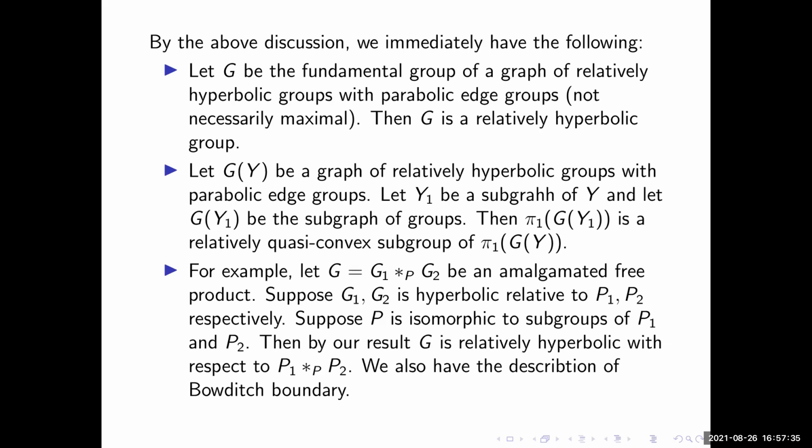Both are relatively hyperbolic with respect to P1 and P2. We are assuming there is only one subgroup each, P1 and P2. And suppose P is isomorphic to a subgroup of P1 and P2. Then by our result, G is relatively hyperbolic with respect to the amalgam of P1 and P2 over P. And we also have the description of this boundary.